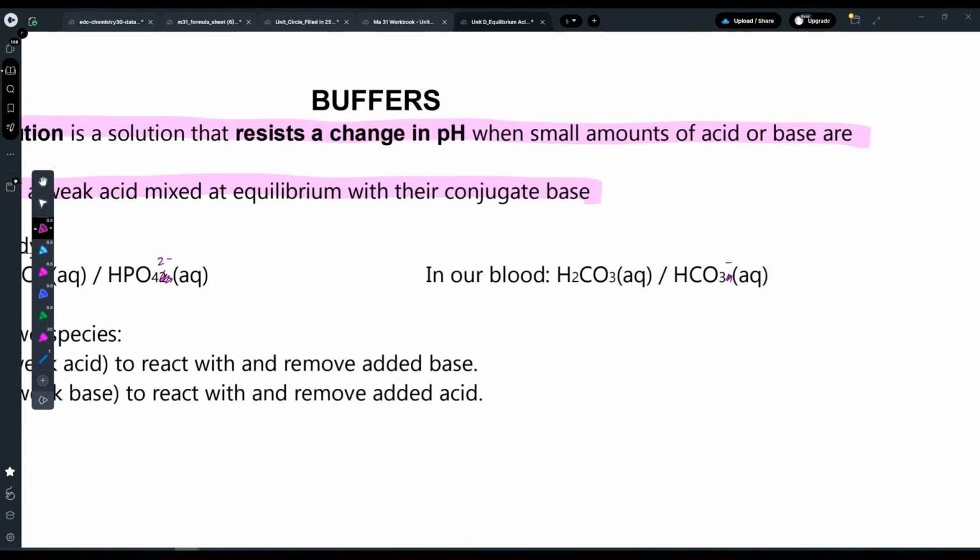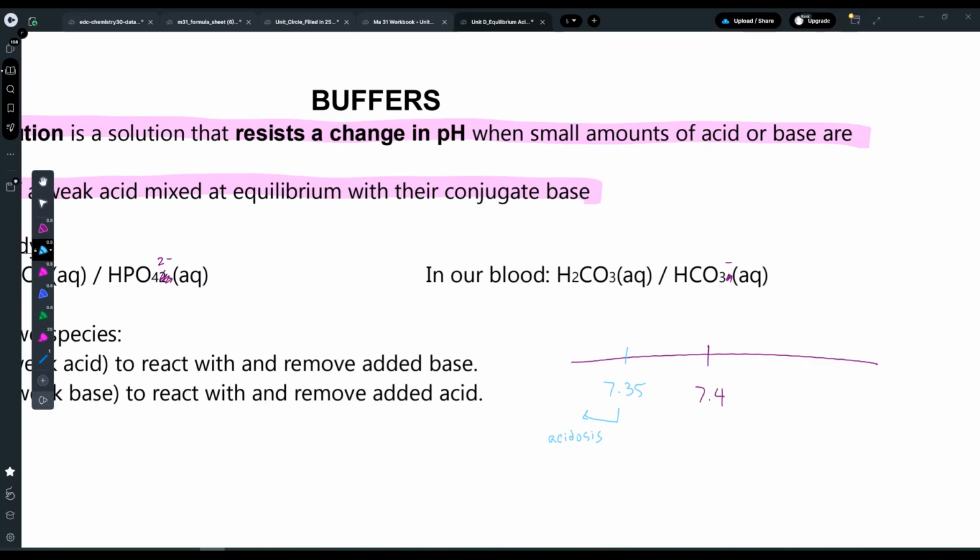Now, the interesting thing about our bodies is that they function within a very narrow range of pH. Typically, blood is at a pH of about 7.4. Now, if the pH of your blood decreases, let's say it goes down to 7.35, so that's a difference of 0.05, anywhere below 7.35, you're going to get a condition called acidosis.